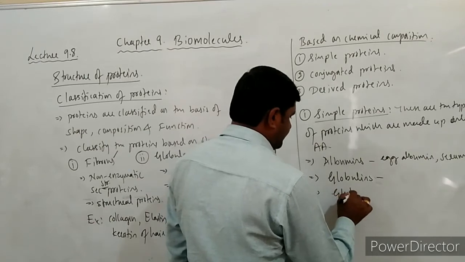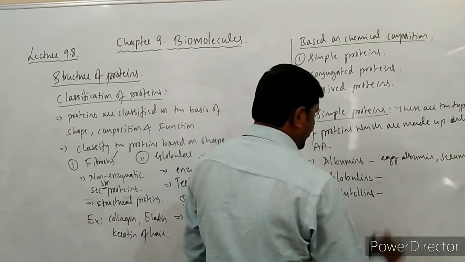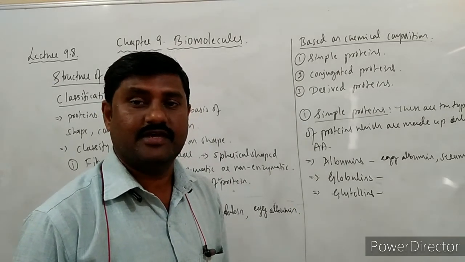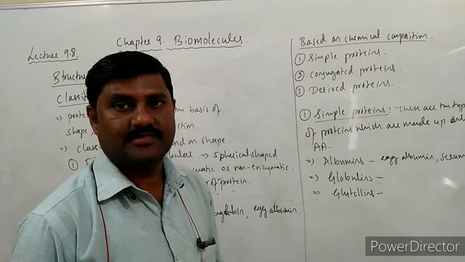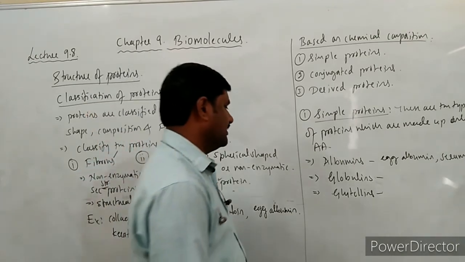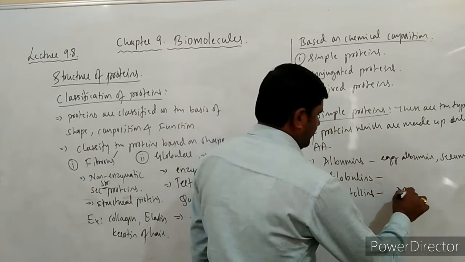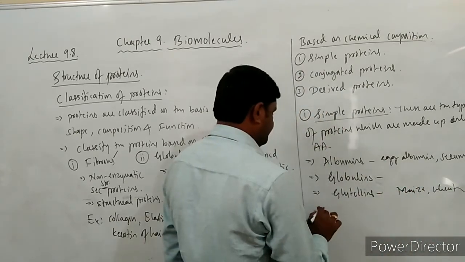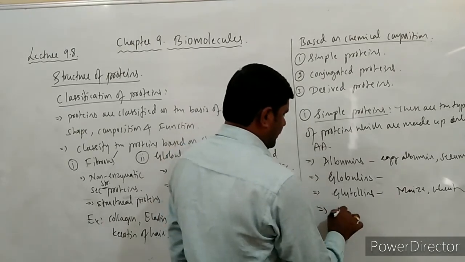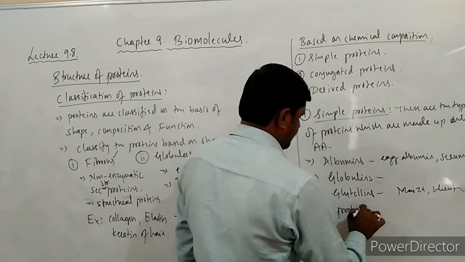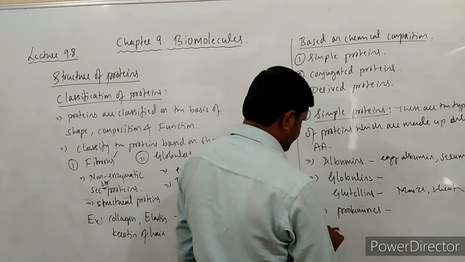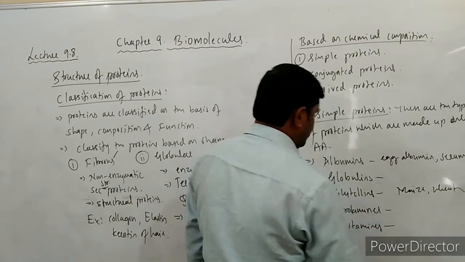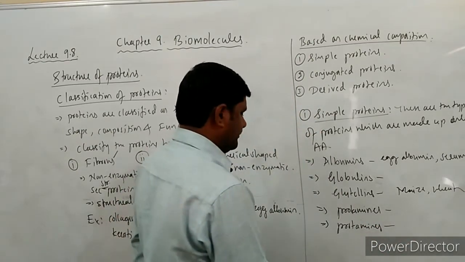And glutenins, they are the stored proteins in wheat, maize, etc. Glutenin is there. Prolamines are there. Protamines are there. So these are also simple proteins over here.